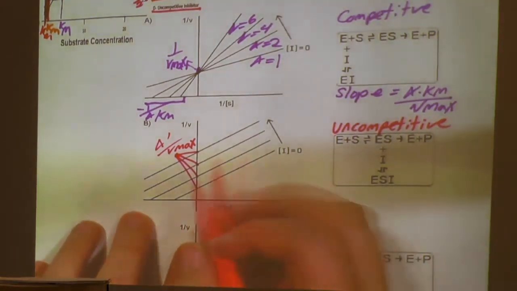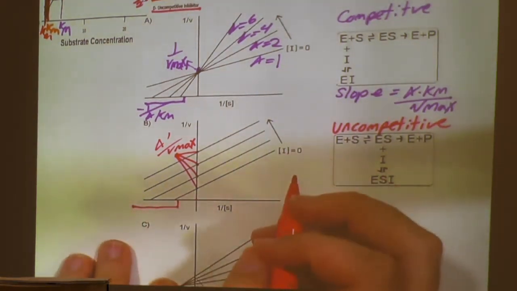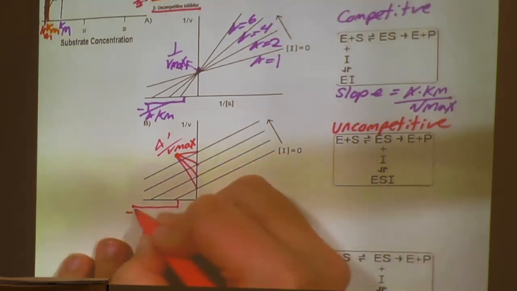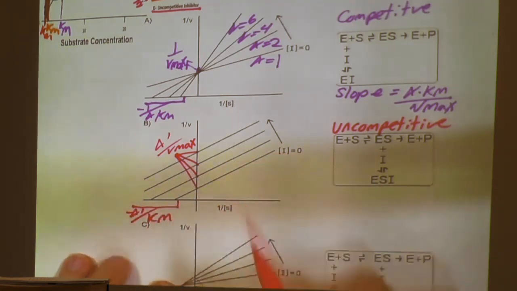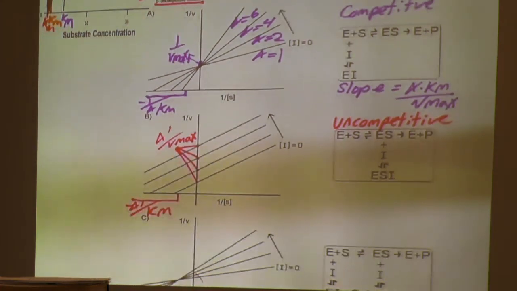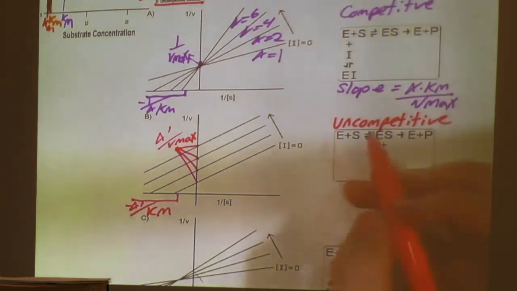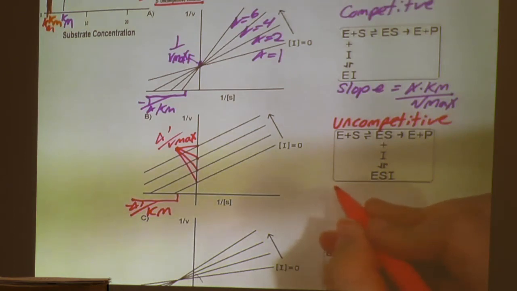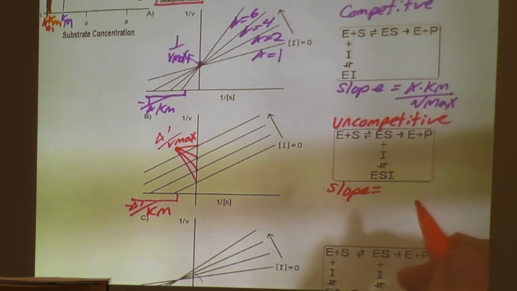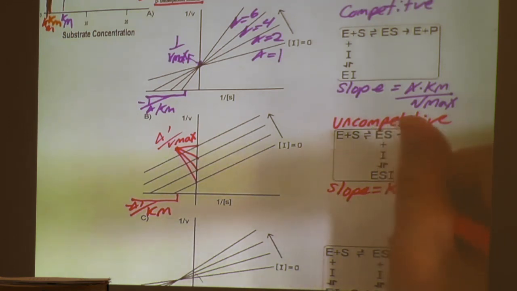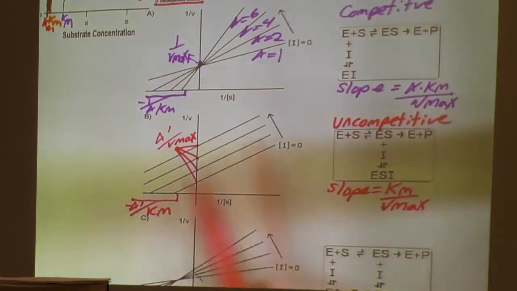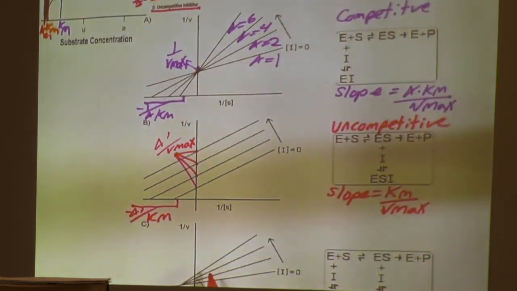So what is your x-intercept called? So negative alpha prime over Km. What is your slope of uncompetitive inhibitors? So the slope of uncompetitive inhibitors is Km divided by Vmax. And you can tell this because they're all parallel to each other. They never touch.